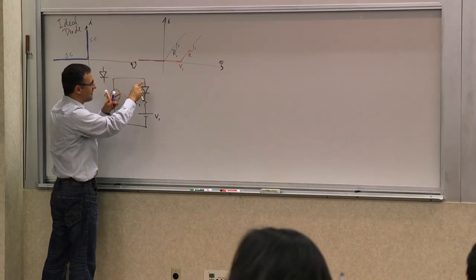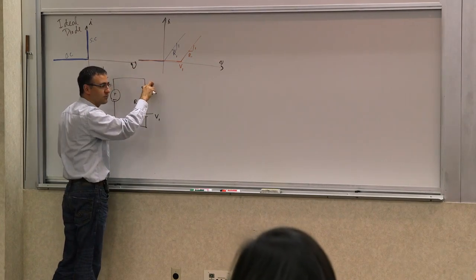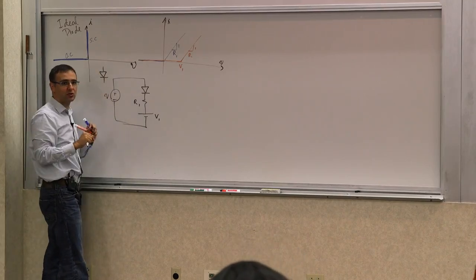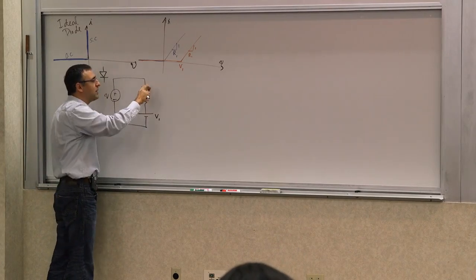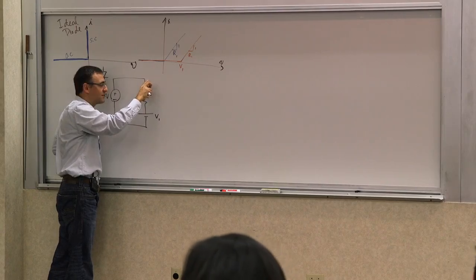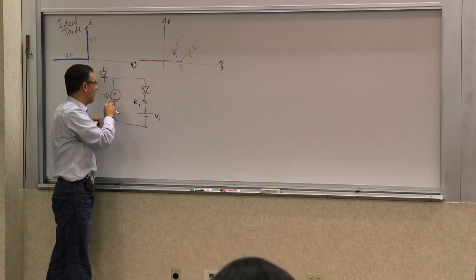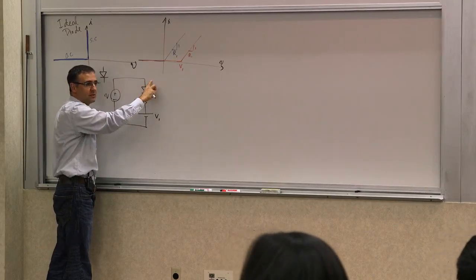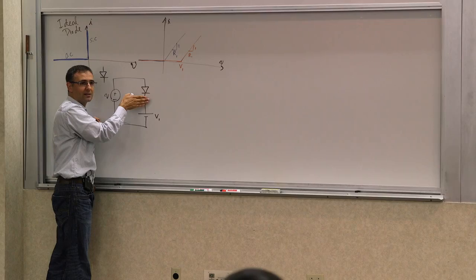As I keep increasing the voltage, when does this diode turn on, meaning going to this point and becoming a short circuit? At the point where this voltage becomes 0. For this voltage to become 0, what should the voltage across this be? Forget about the resistor for a second, and we'll get to that. Just if the resistor were not here.